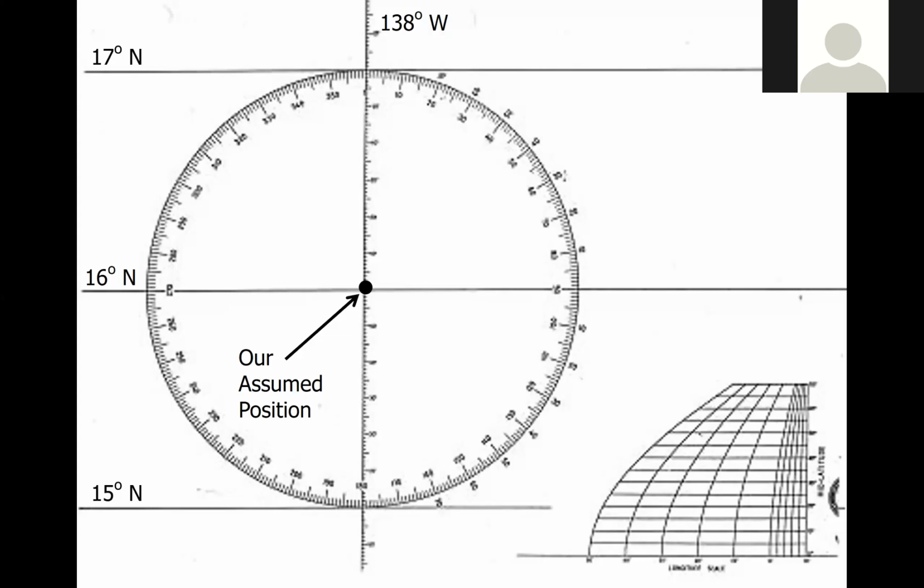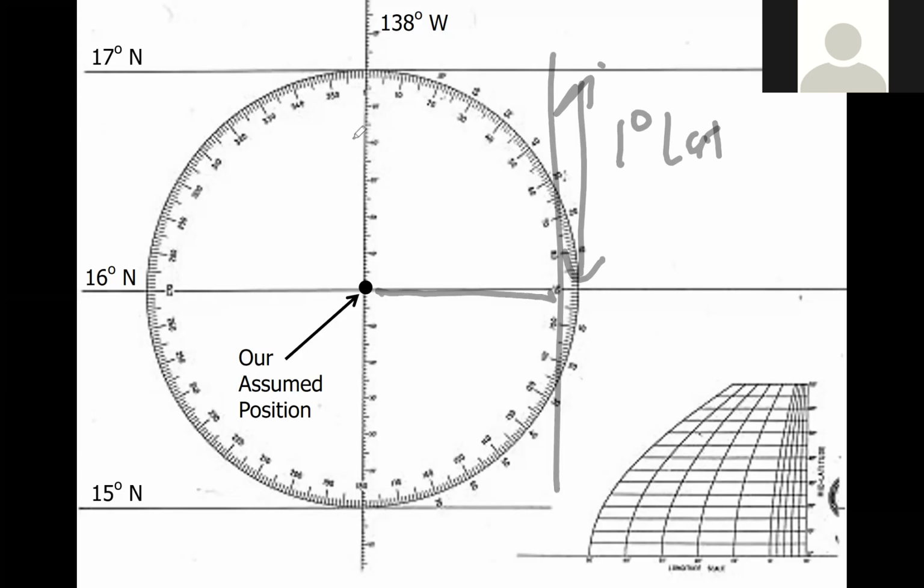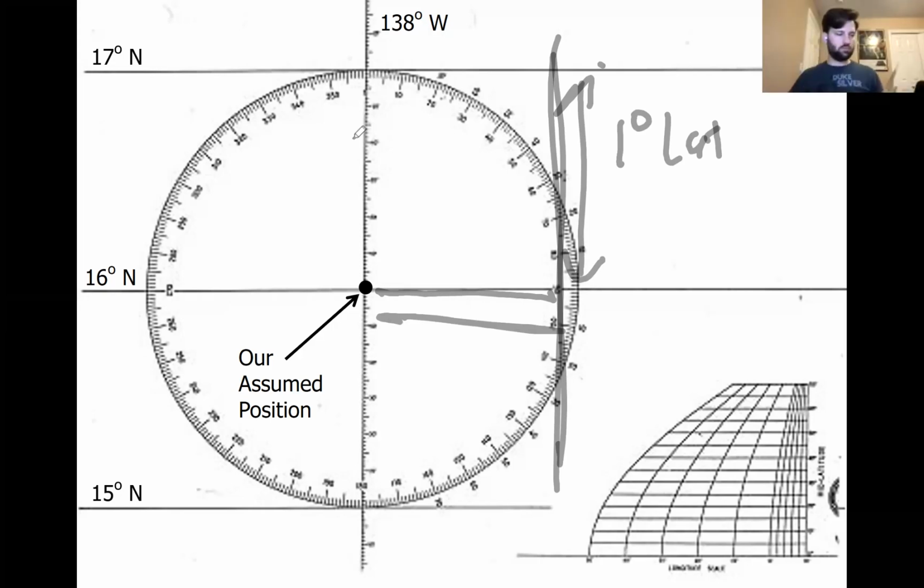If we were at the equator, we could measure the distance from here to here, because that distance is 1 degree of latitude. Then we could take this same distance and step it off here and put a line right there, and the distance from here to here would be 1 degree of longitude. But that's only true if we're at the equator, and the odds of us being at the equator are pretty slim.